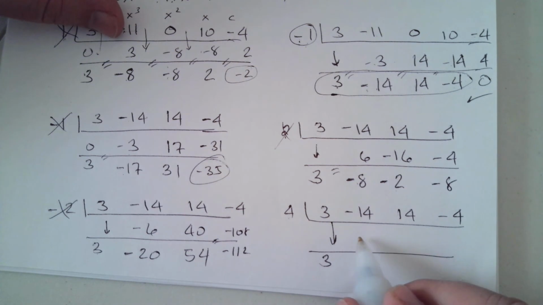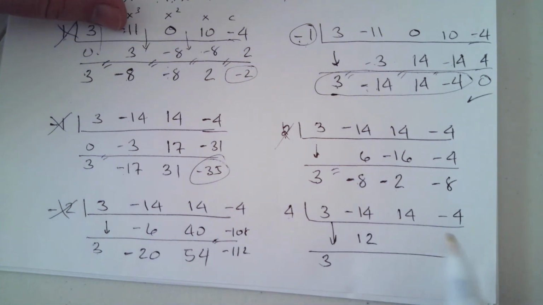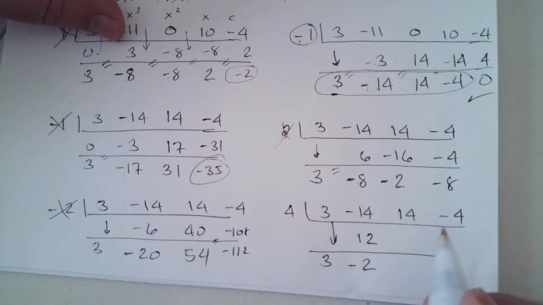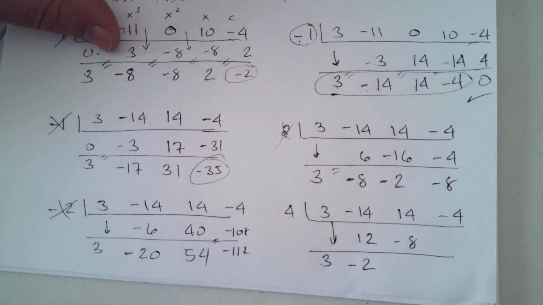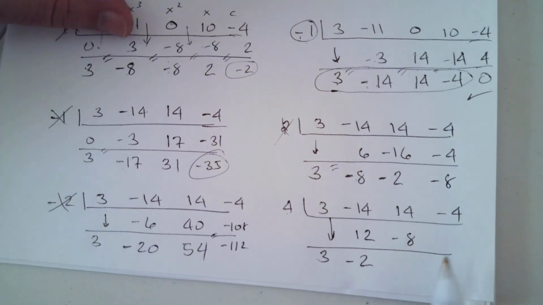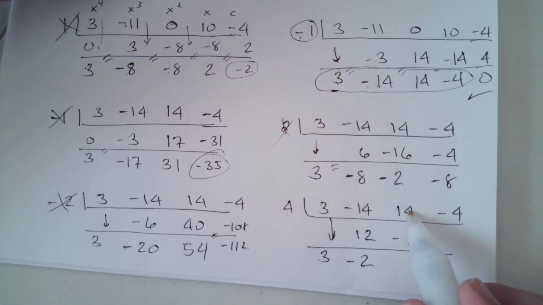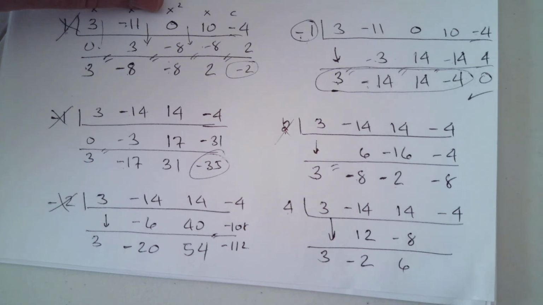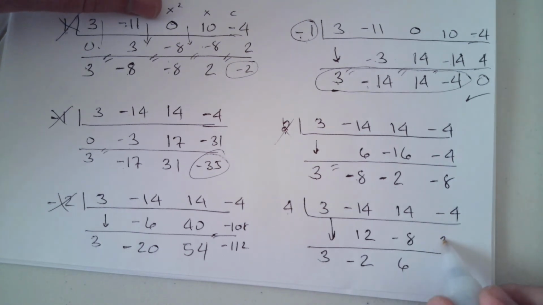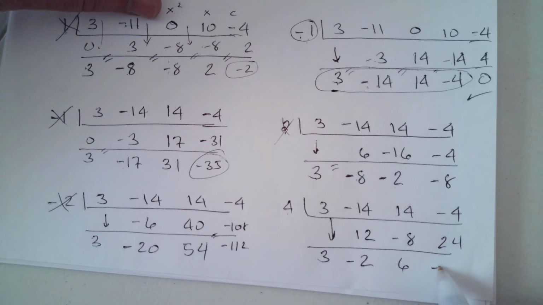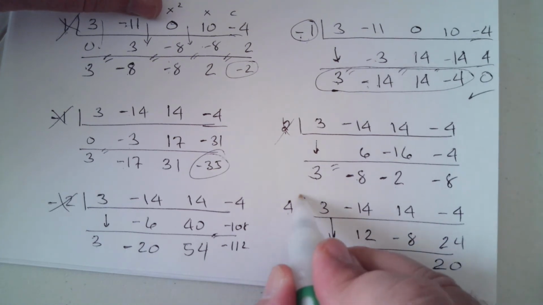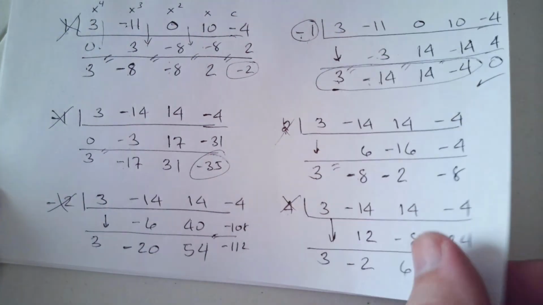Four times 3 is 12. Negative 14 plus 12 is a negative 2, since 14 is bigger. 4 times negative 2 is negative 8. 14 minus 8 is 6. 4 times 6 is 24. Is 20? Nope, not 4.